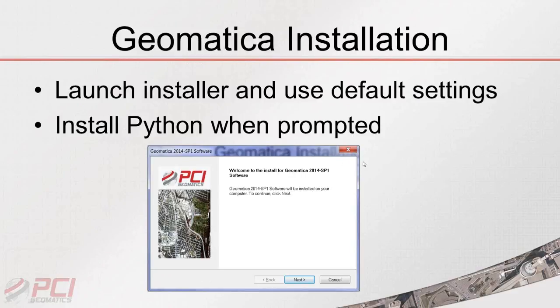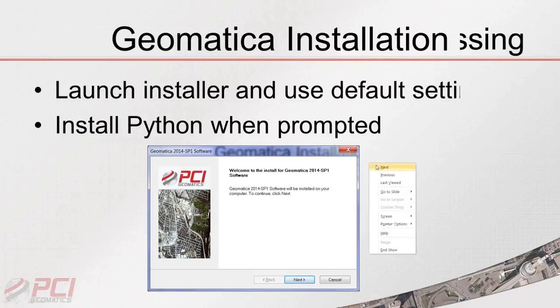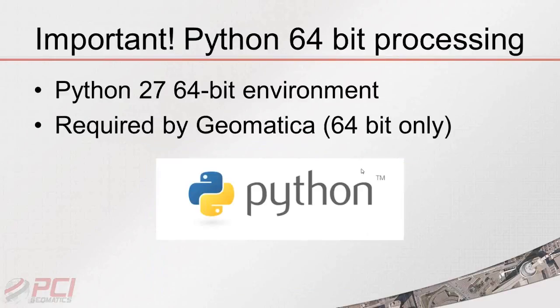So you have to make sure that you have this version of Python to work with the Geomatica tools. As I said, it's very important to have the Python 64-bit process installed when you want to make use of the Python capabilities. This is required also to create scripts using the Geomatica tools, and it's also mandatory for the integration with ArcGIS.